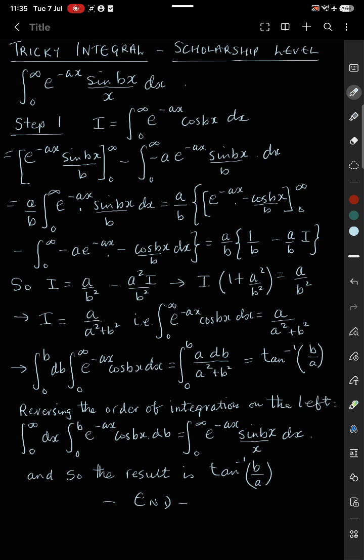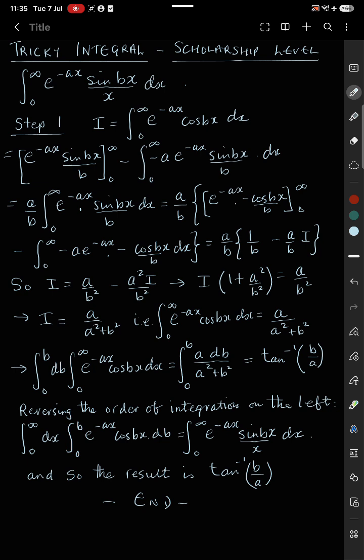We take the a over b outside and then the curly bracket, and then inside applying the integration by parts formula again. We have the first, which is e to the minus ax, times the integral of the second, which is minus cos bx over b, evaluated between the limits infinity and 0, and then minus the integral between 0 and infinity, and differentiating the first part becomes minus a e to the minus ax, and integrating the second part becomes minus cos bx over b.